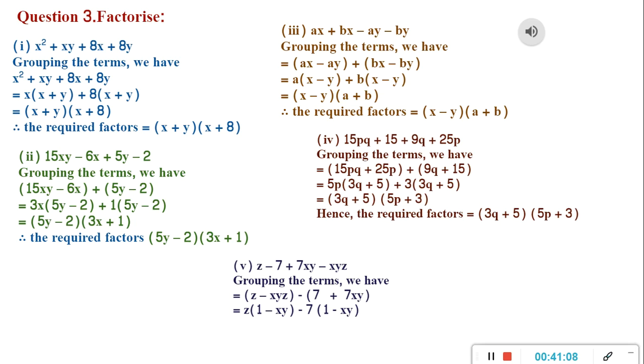What is left out? Inside, 1 is there, and you also have to watch the sign. Since we took minus 7, inside again a minus sign will be there; only then minus into minus gives a plus. So minus 7 we already took out, and now minus xy is remaining. Now again 1 minus xy is common, so we can take that. What is left out? z minus 7. So the factors are 1 minus xy into z minus 7. Clear?